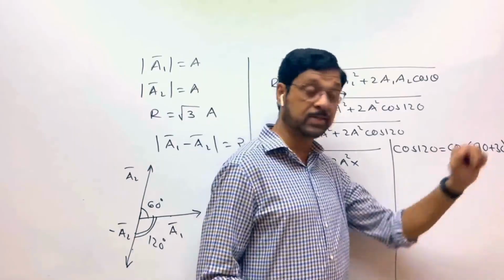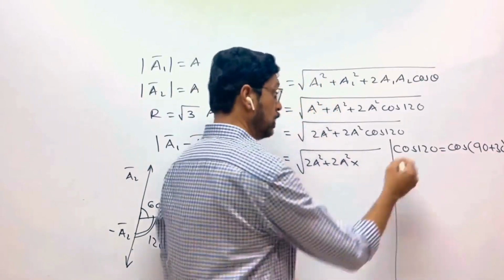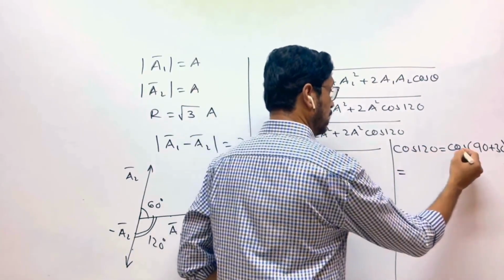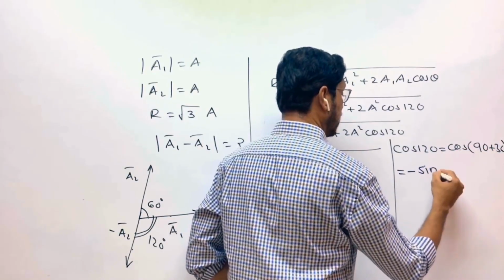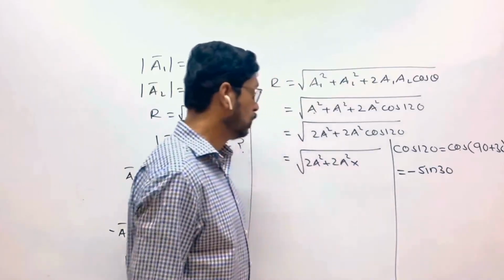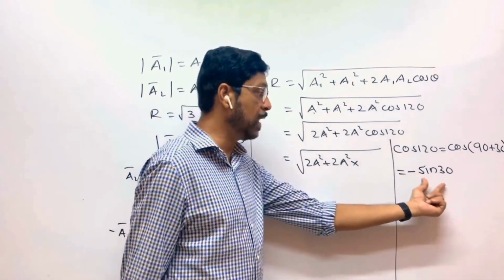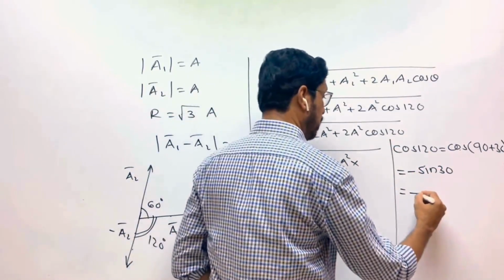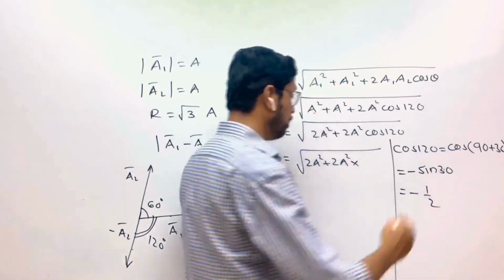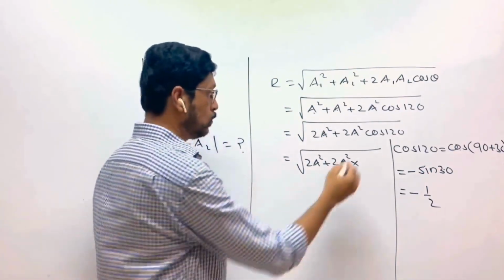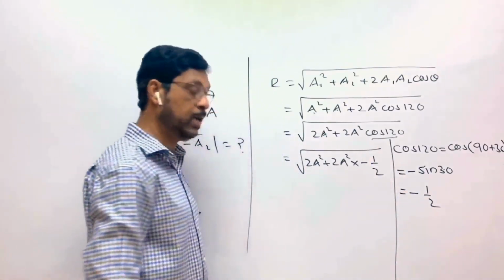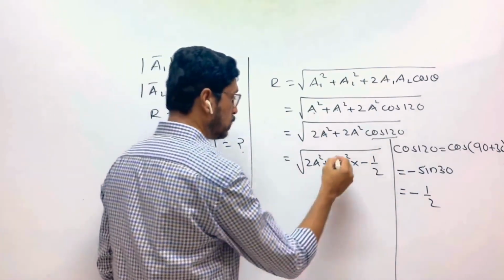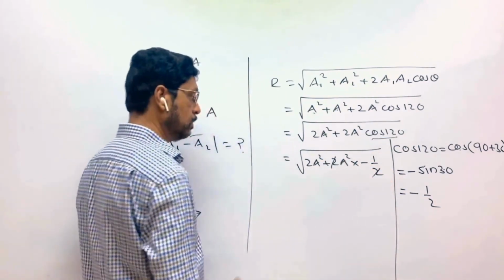Cos of 90 plus theta is minus sine theta. So cos 120 is cos 90 plus 30, means minus sine 30. Minus sine 30 is minus 1 by 2. So cos 120 की जगह आएगा minus 1 by 2. So this 2 gets cancelled.